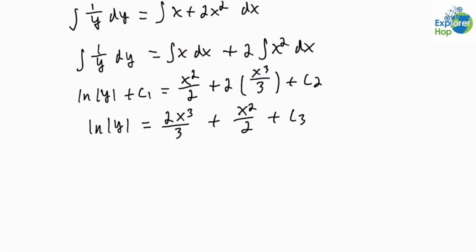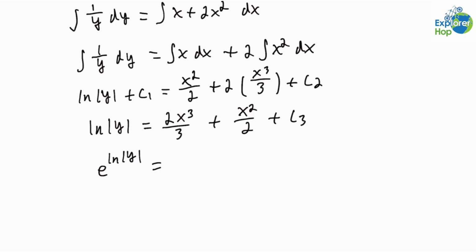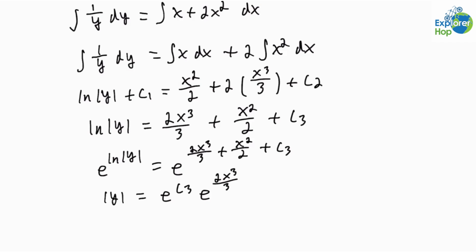To isolate for y, we take e to the power of both sides: e to the power of ln of the absolute value of y is equal to e to the power of 2x cubed over 3 plus x squared over 2 plus c3, which means that the absolute value of y is equal to e to the power of c3 times e to the power of 2x cubed over 3 plus x squared over 2.